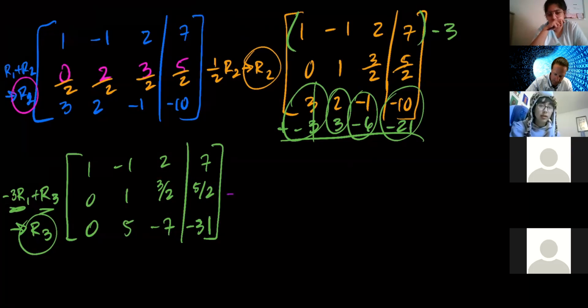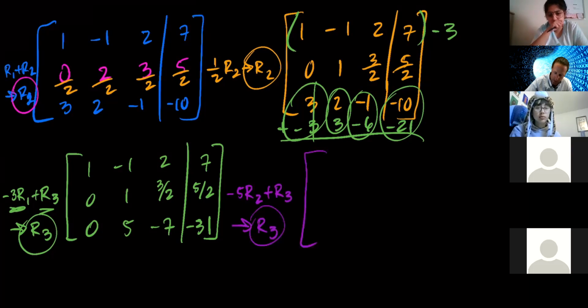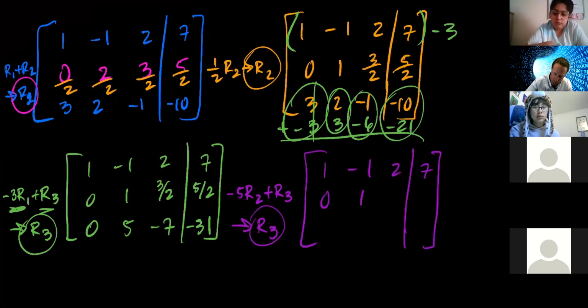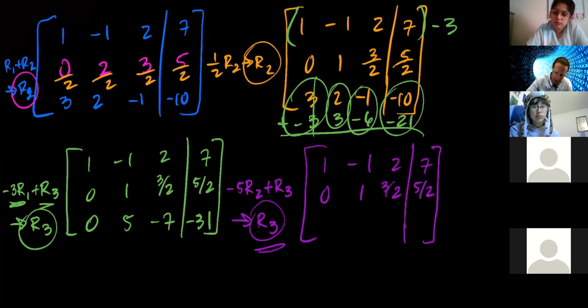Multiply by -5. -5 times row 2. I will then take that and add it to row 3 to get a new row 3, which means I am again not changing rows 1 and 2. I am using row 2, but to get a new row 3.